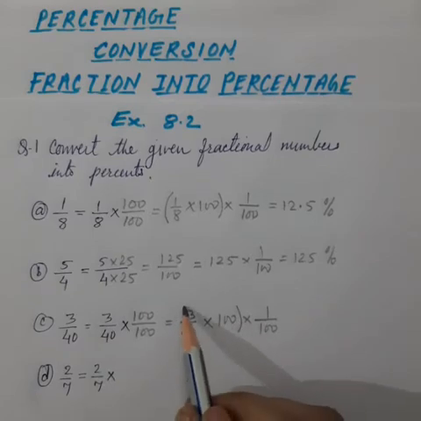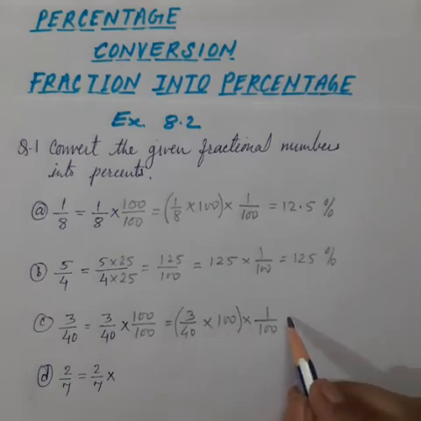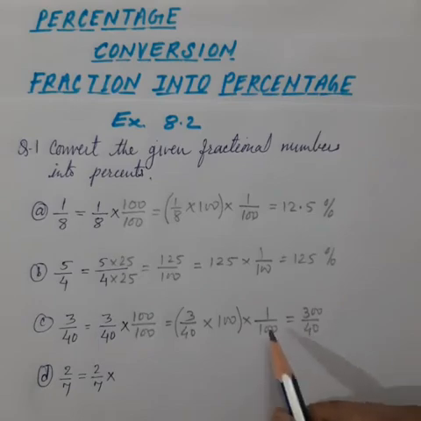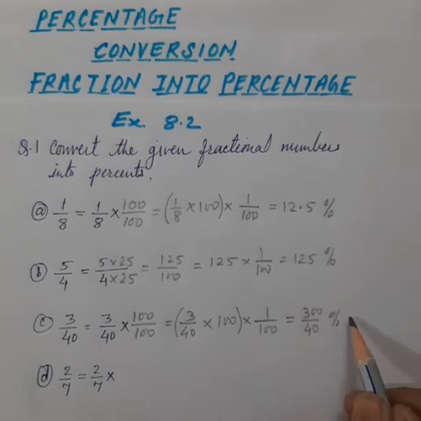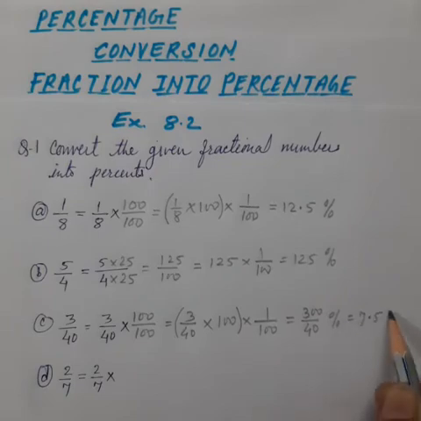Now find out the value of this part. 3 into 100 is 300, and 300 by 40. And for this 1 by 100, write percent sign. If we find out this 300 by 40, we will get here 7.5 and a percent.